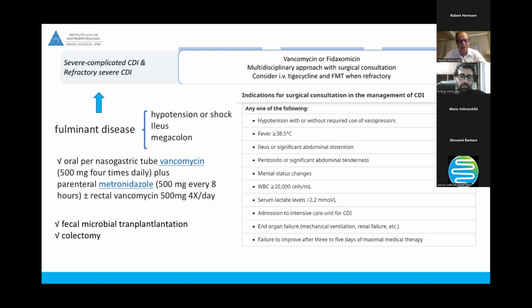As it's written here: hypotension, fever, ileus, peritonitis, mental status changes, leukocytes greater than 2,000, lactate level greater than 2 millimoles per liter. Admission to ICU is an indication for a surgical consultation too, as is organ failure, or a failure to improve after 3 to 5 days of maximal medical therapy.